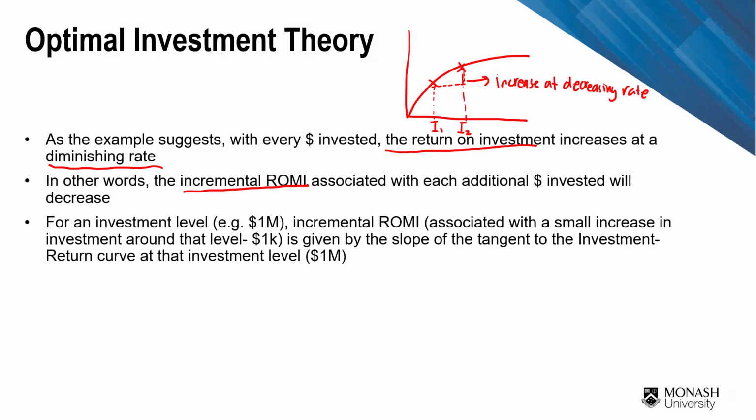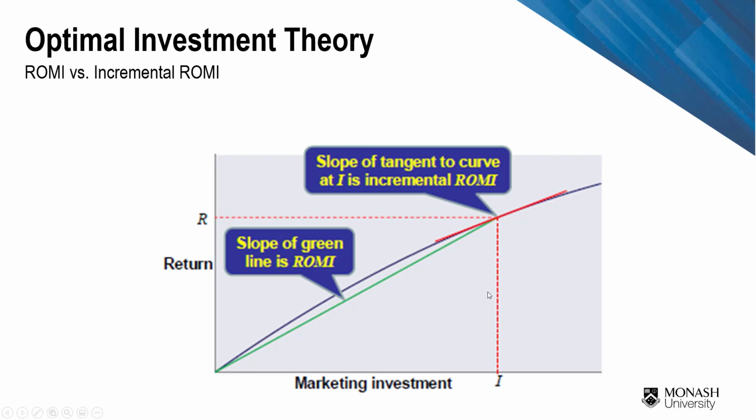We're going to look at the graph in the next slide. There you go. The slope of the green line is what we call the ROMI. The slope of the tangent to the curve at I is what we call the incremental ROMI. So this is the tangent of the line, and the tangent of the line is what we call the incremental ROMI.